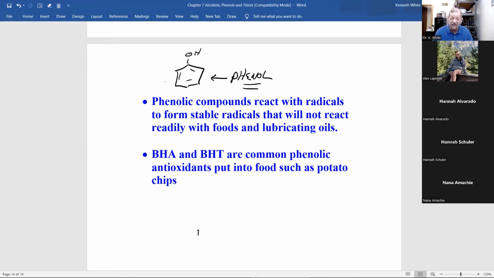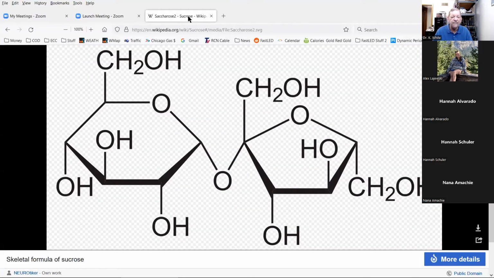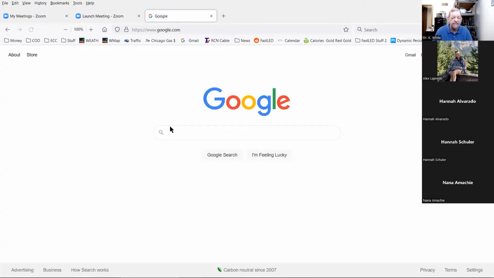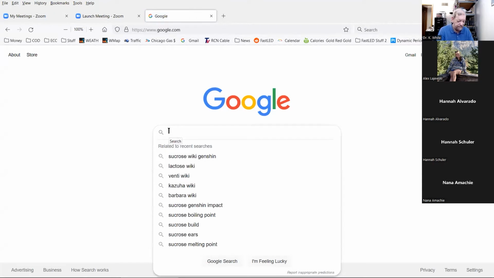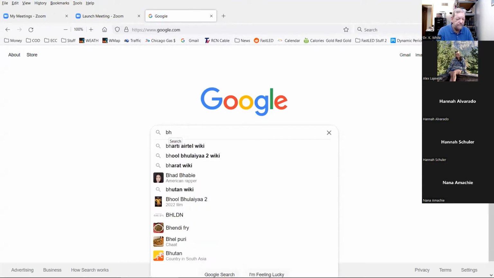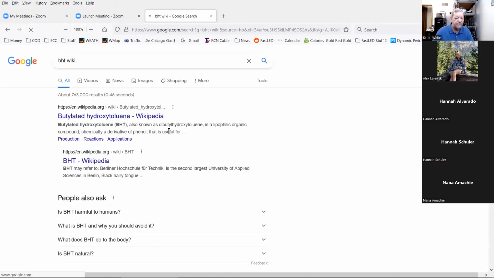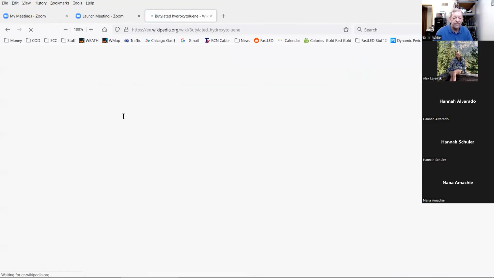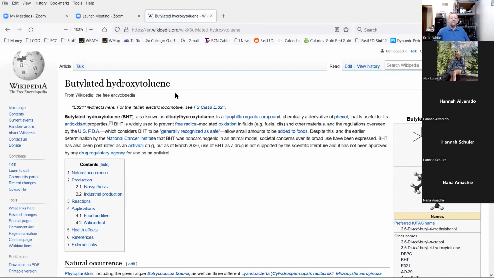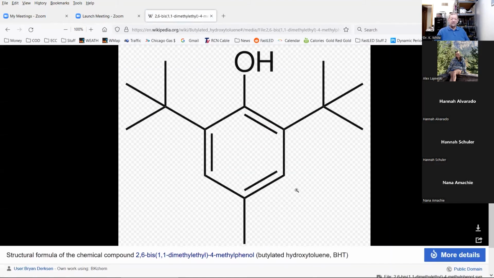And this is a safe compound, but they found a cheaper way to get that. And BHT is short for butylated hydroxytoluene, which has this structure.